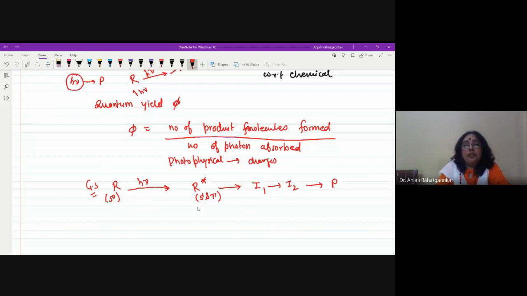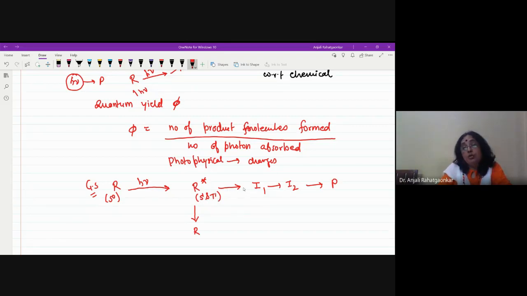So the other possibility is, if R absorbs h nu amount of energy, it gets excited from the singlet state to the triplet state. The first possibility is it can come back to the original state, it can come back to R. Now another possibility: R absorbs h nu amount of energy, it undergoes excitation to the singlet state as well as the triplet state.